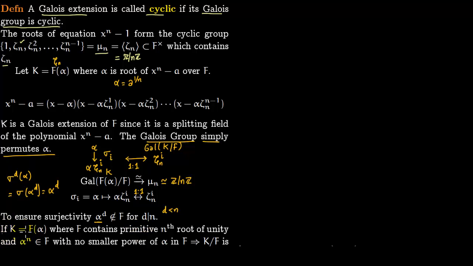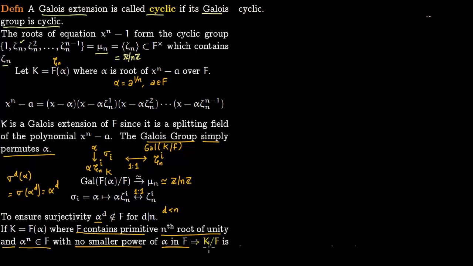To wrap it up, what we have proven is this: say K is equal to F adjoined with alpha, where F already contains the primitive nth root of unity, and alpha to the power of n lies in F. This is a polynomial over F, so a obviously lies in F, which implies alpha^n lies in F, with no smaller power of alpha in F, so as to ensure surjectivity.